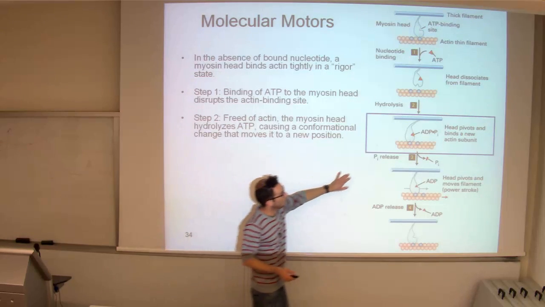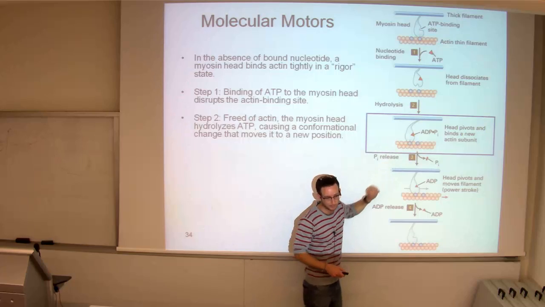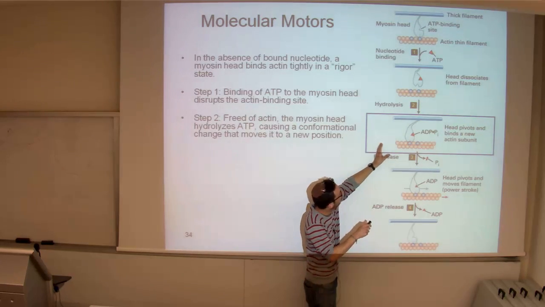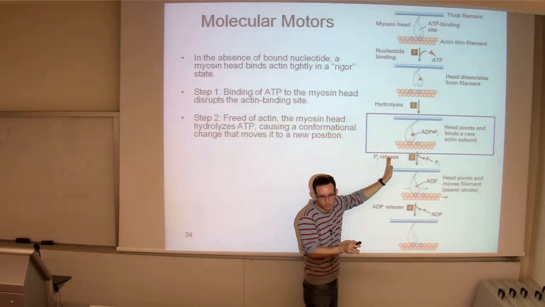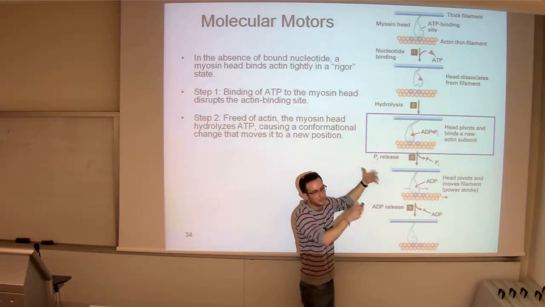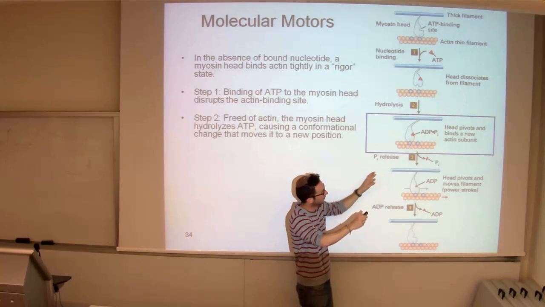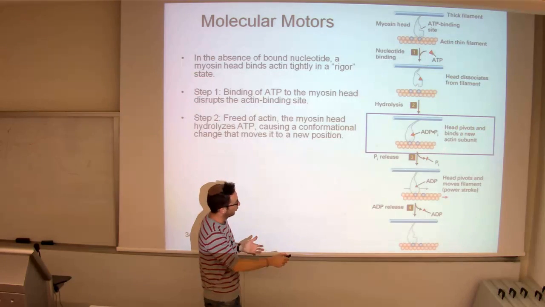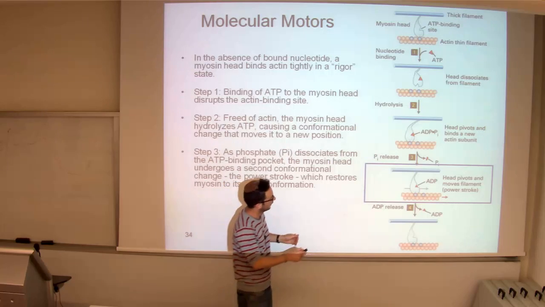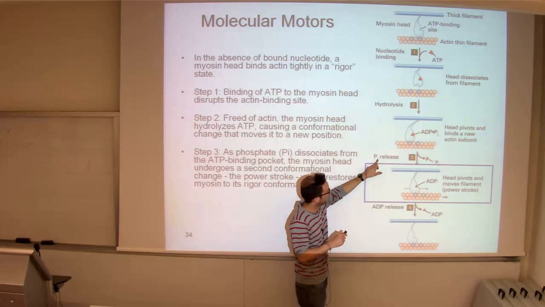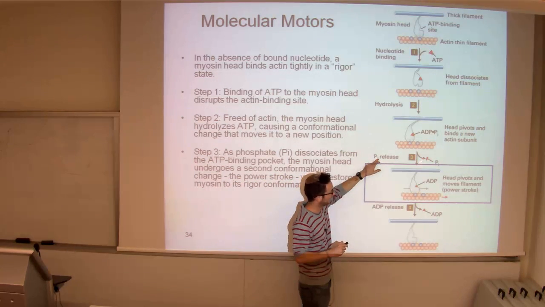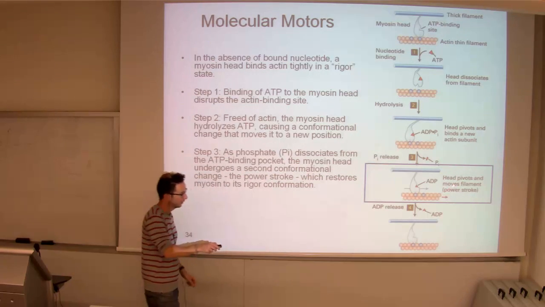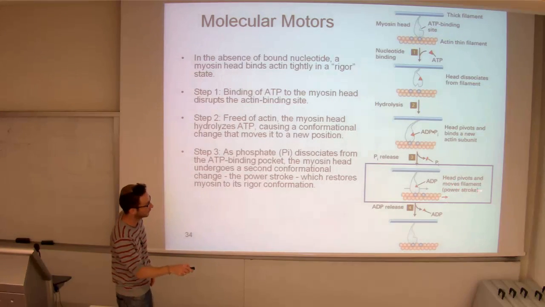Okay, up till now we didn't have any movement yet, because the thick and thin filaments are in the same position in relation to one another, right? Or the organelle that is linked to the myosin head right here did not do any step yet. And now the step occurs, conjugated to the lone phosphate release from the binding site. In this step, the head pivots and moves the filament, which is called the power stroke.